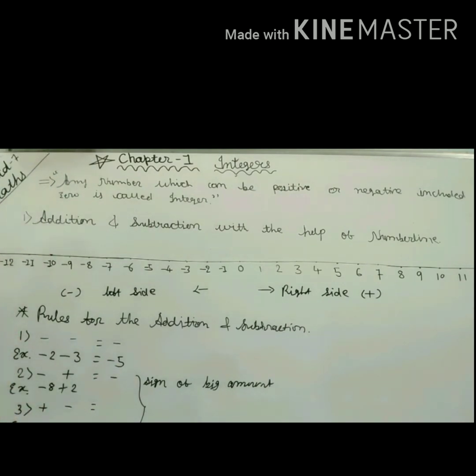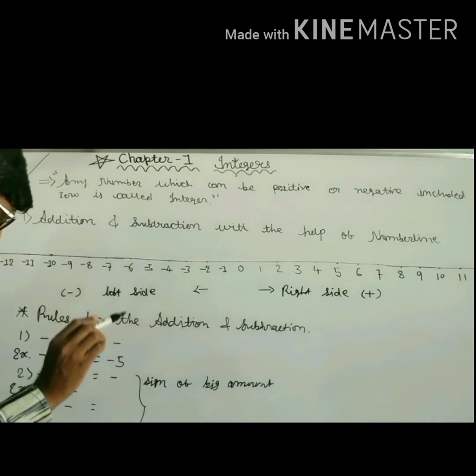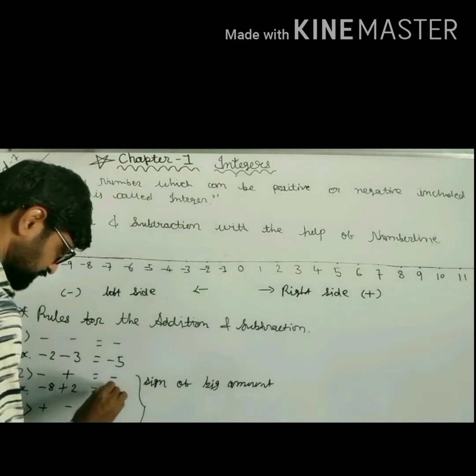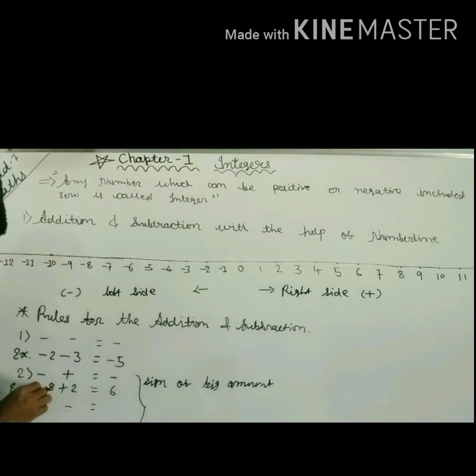What can you do in such a situation? You have to subtract the smaller amount from the bigger amount. So here I will subtract 2 from 8. 8 minus 2, what will be the answer? 6. And the sign of the bigger amount, minus.